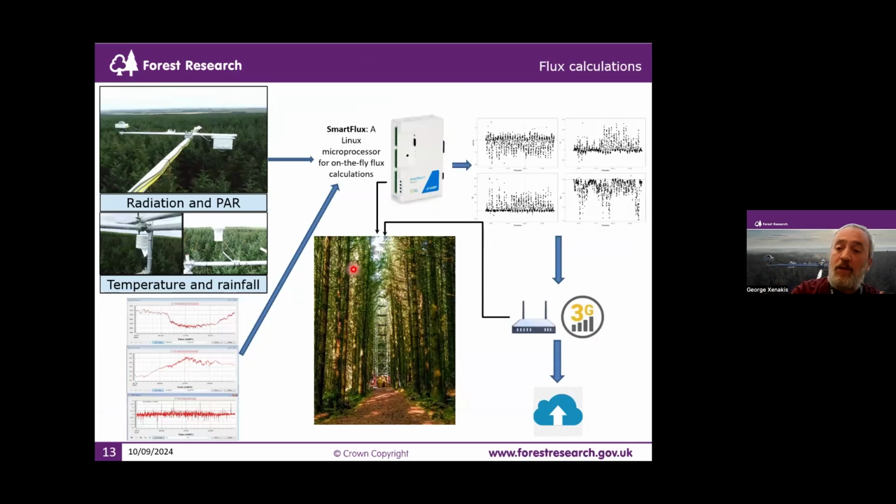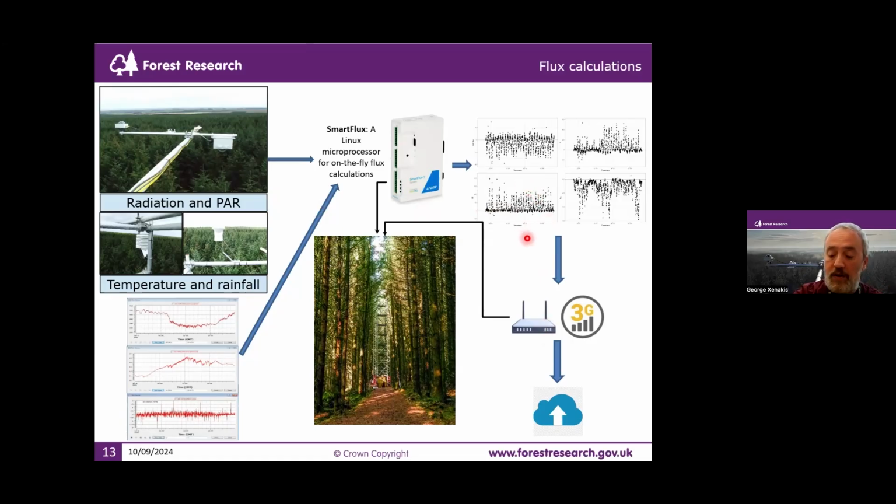But the neat thing we did on our side was that we managed to bring all this information together with assorted climatological variables like radiation, temperature, rainfall, put them all together in a small processor, process the data online on the fly, and push them towards the cloud.